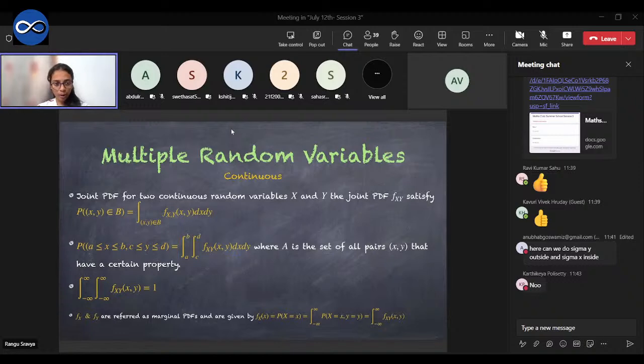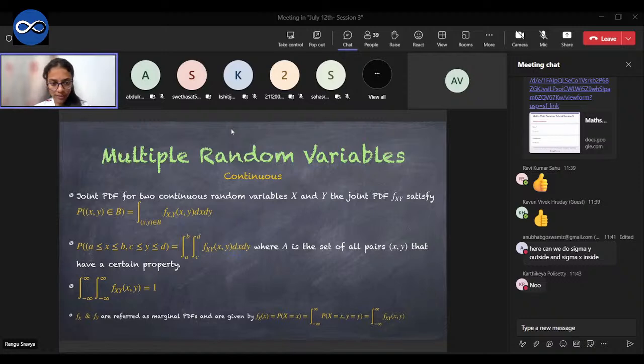So given that X and Y lie in the given intervals, you integrate over those intervals to find the probability. Again, by normalization, if you integrate over the entire range from minus infinity to infinity, the probability should be 1.